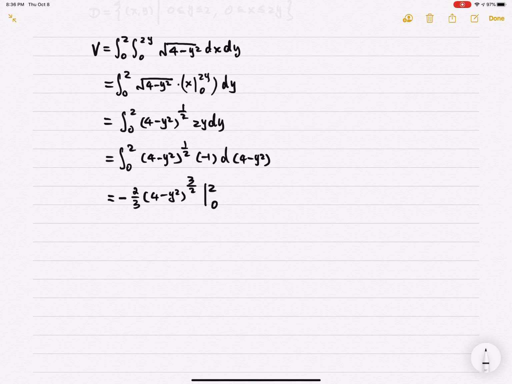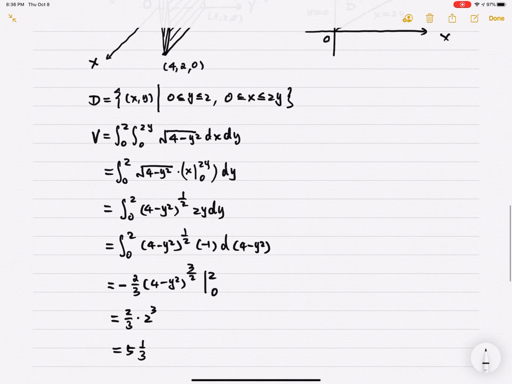And then when you plug in 2, that's 0, minus negative, positive 2/3. And then 0 plugged in is just 4 to the 3/2. 4 is 2 squared, so 2 to the 3rd. Okay, so that's 16/3. So basically this is equal to 5 and 1/3. Okay, so that's like this.